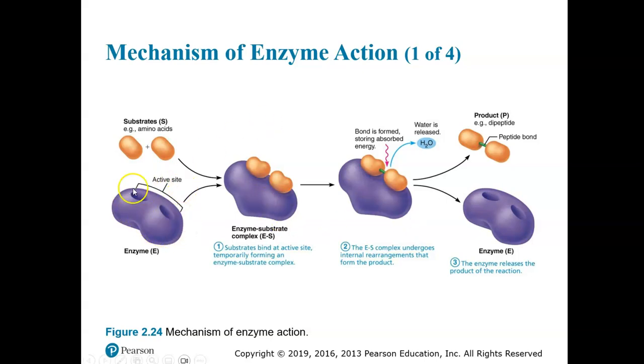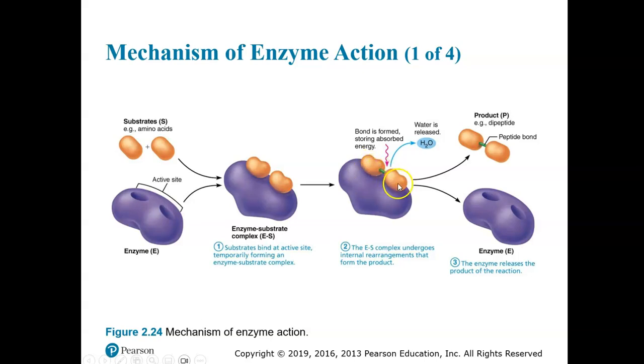Here you can see an illustration of an enzyme. It's got 2 areas on it called active sites. The substrates, in this case, are amino acids. The substrates are the reactants. The substrates will combine with the enzyme. The enzyme will facilitate the joining of the 2 amino acids, so it will cause the chemical reaction.